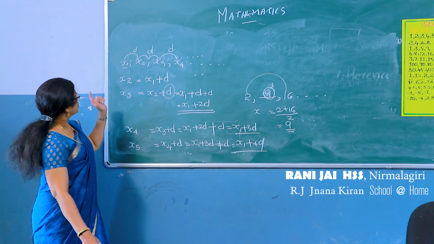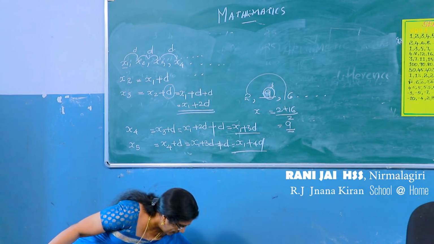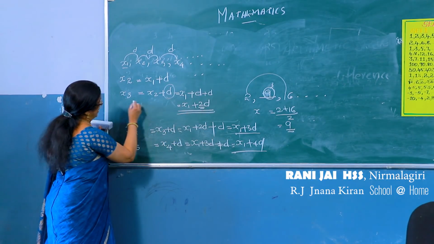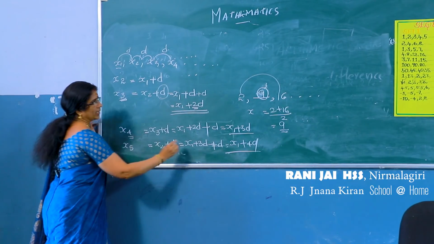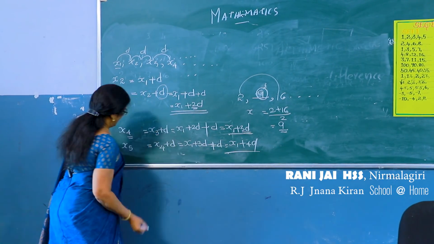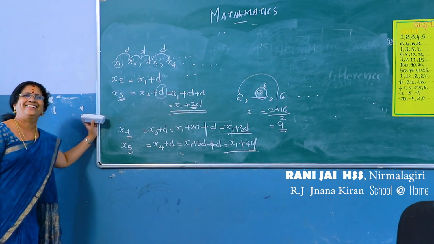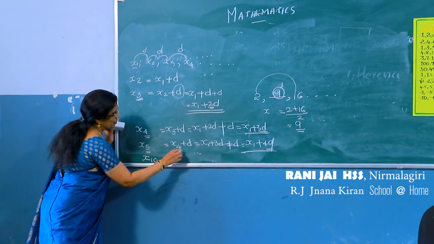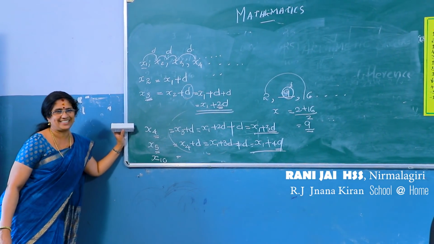Got the point? So x2 is x1 plus 1 time d, x3 is x1 plus 2d, x4 is x1 plus 3d, x5 is x1 plus 4d. You got the idea? Now, if it continues like this, instead of writing all these steps, can you tell me what is x10?